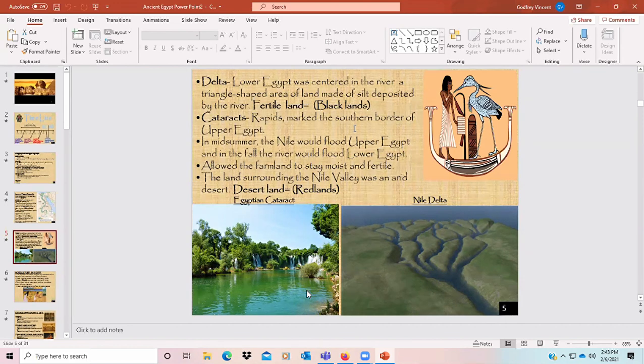So you have to know that region. So the Nile. There's desert, arid desert also, and then there's the desert land, which we call redlands.